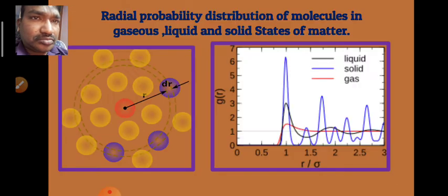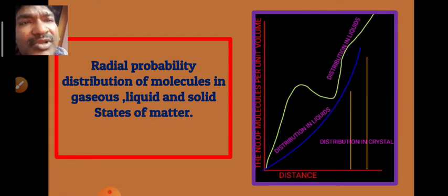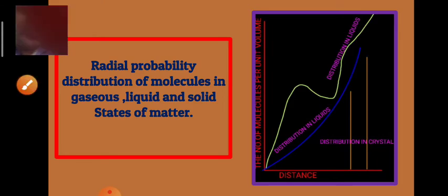Now, here we go for another concept, that is the radial probability. Here, radial probability tells about the distribution of the molecules in the gaseous, liquid, and solid states of matter. So, in this graph, for solids, we get straight lines like this.